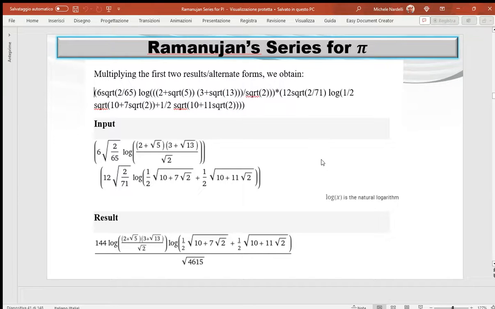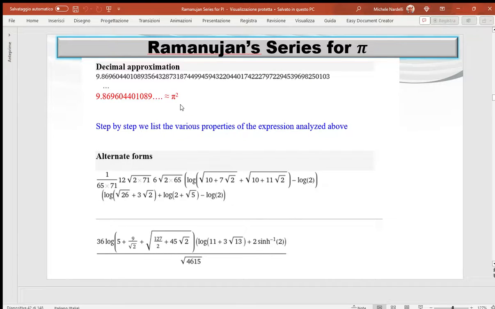Now, multiplying the first two results, alternate forms that we have previously analyzed, we obtain the following expression, and from which we obtain the following result.